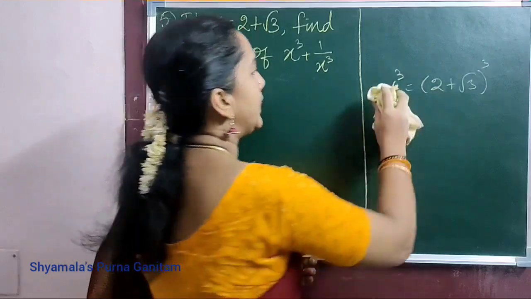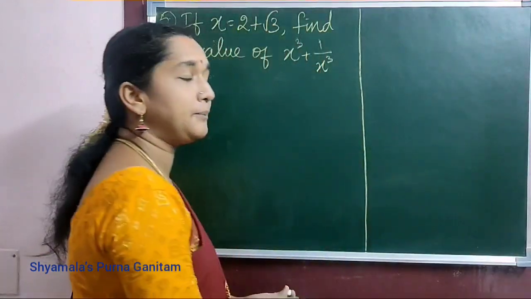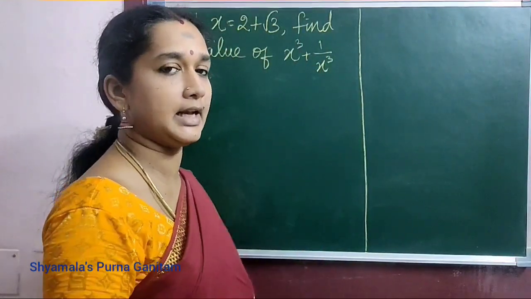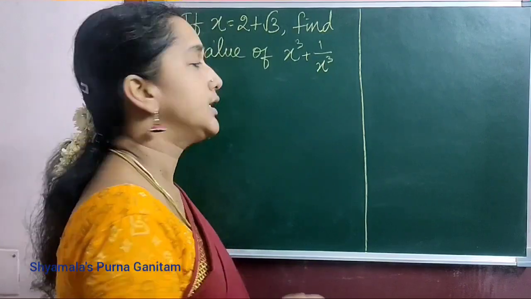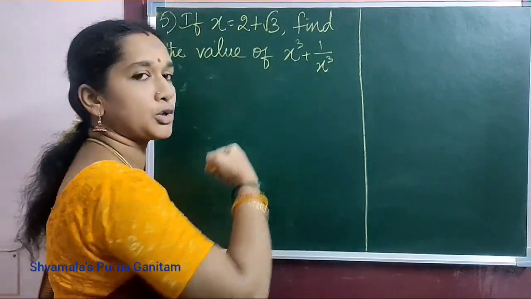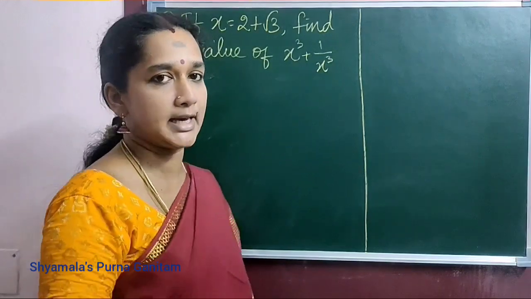So instead of doing like this, we will apply an algebraic identity. Algebraic identity we will use. We don't have a direct formula for x cube plus 1 by x cube.